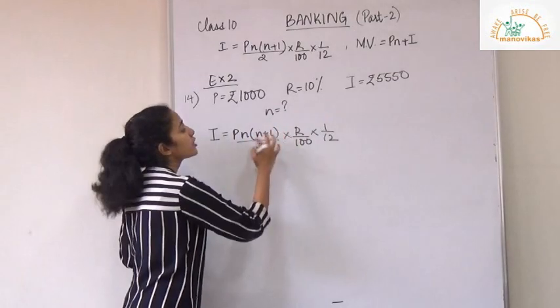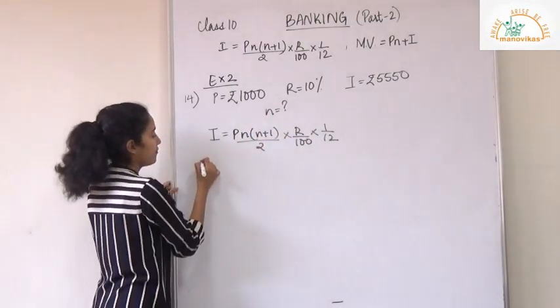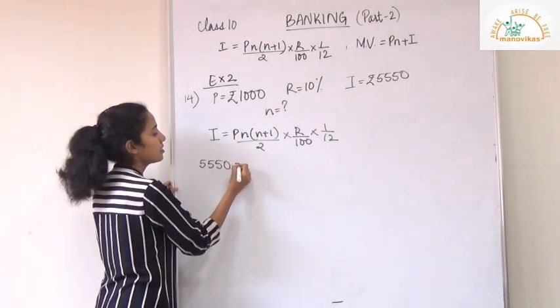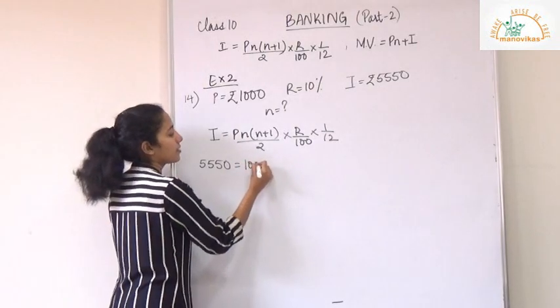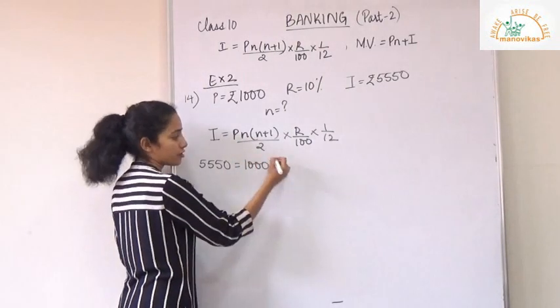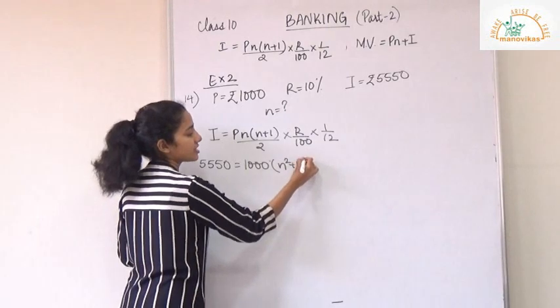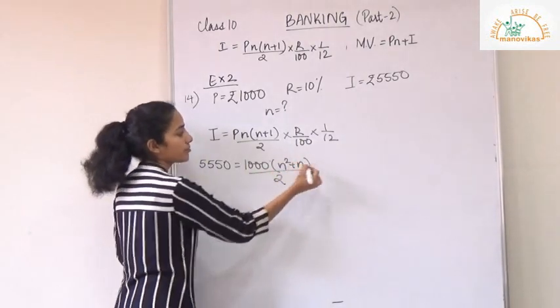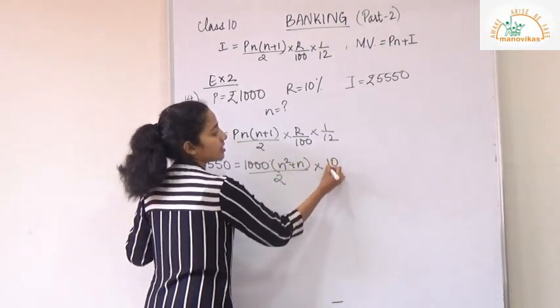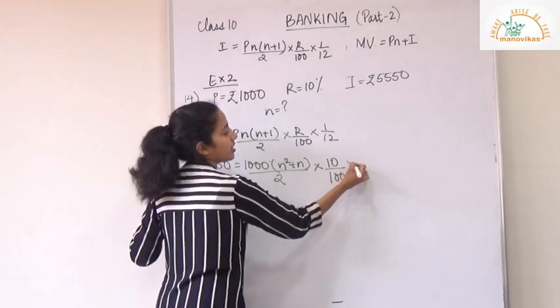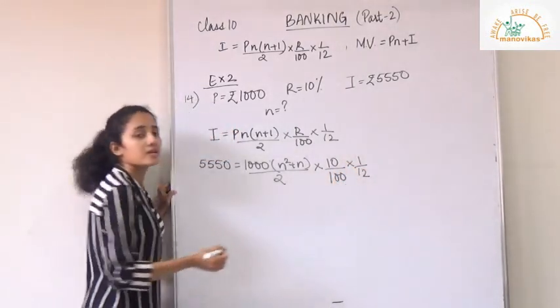So substituting the values, I have 5550, P is 1000, n you do not know, so I multiply it inside first itself, divided by 2, R is 10 divided by 100 and 1 upon 12.